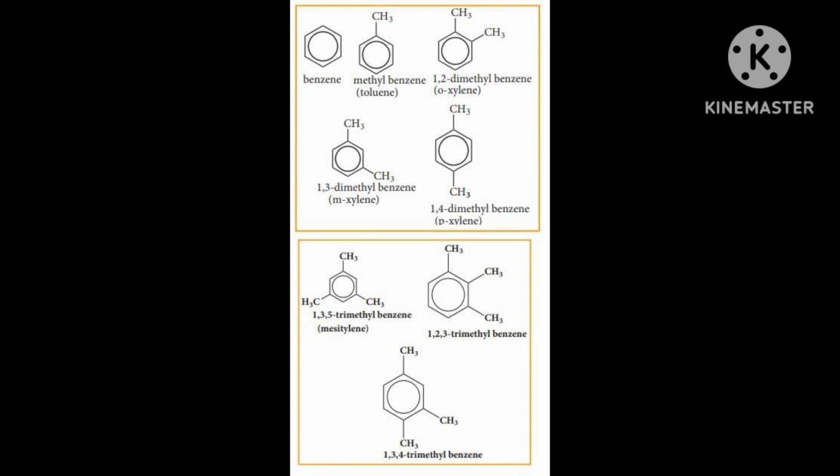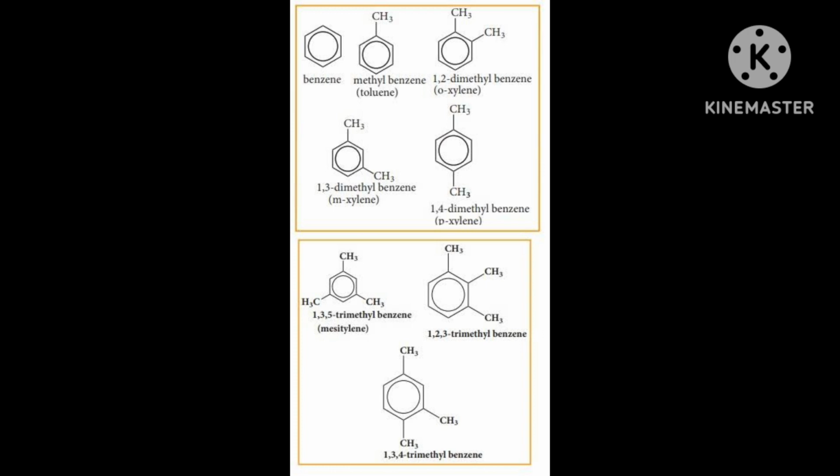Then here at this ortho position C2H5 is there. Then its structure: you write the benzene ring, alternate double and single bonds, benzene ring. Then the OMe group you attach, and after that next you write C2H5.